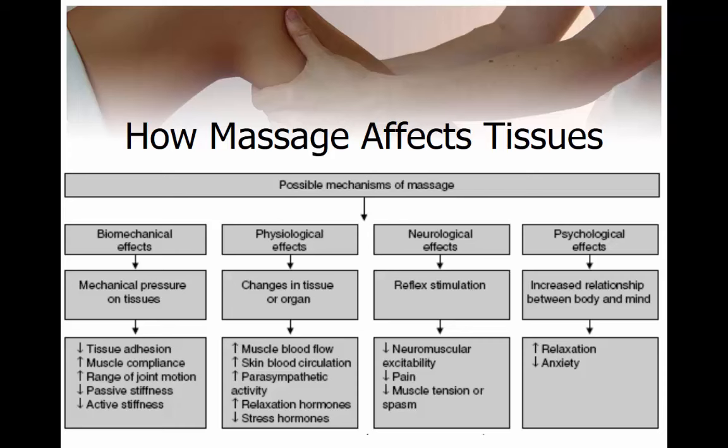The neurological effect of massage comes from the reflex stimulation. This results in a decrease in neuromuscular excitability, decreased pain, and a decreased muscle tension or spasm. The psychological effect of massage comes from the increased relationship between body and mind. This results in an increased relaxation and a decrease in overall anxiety.